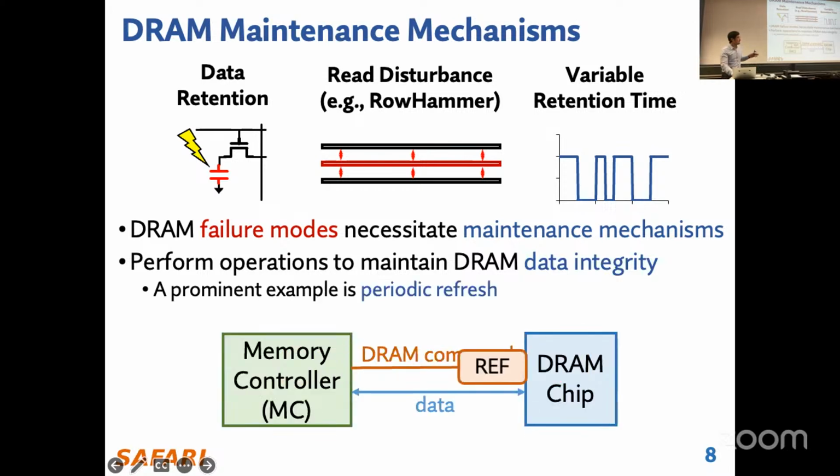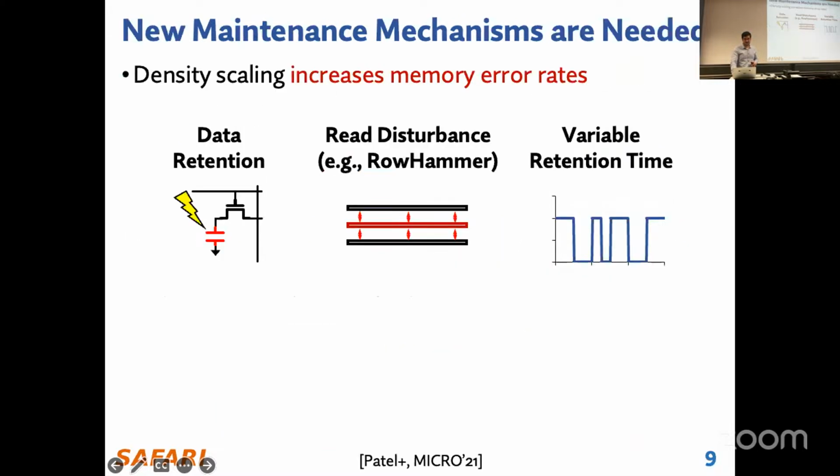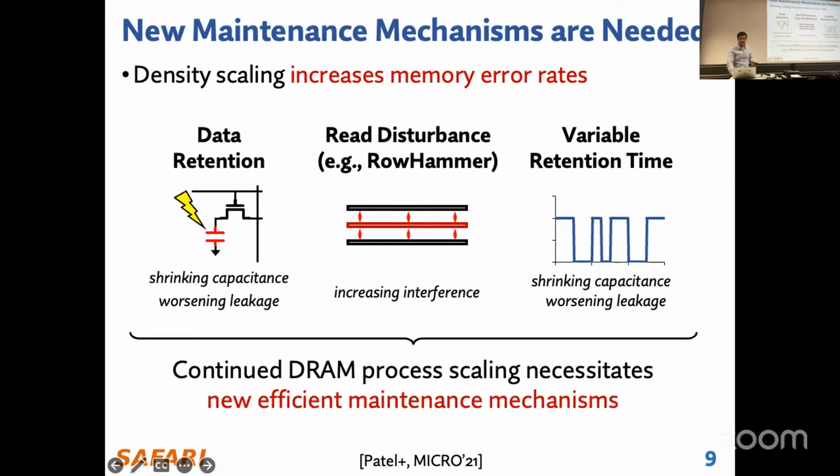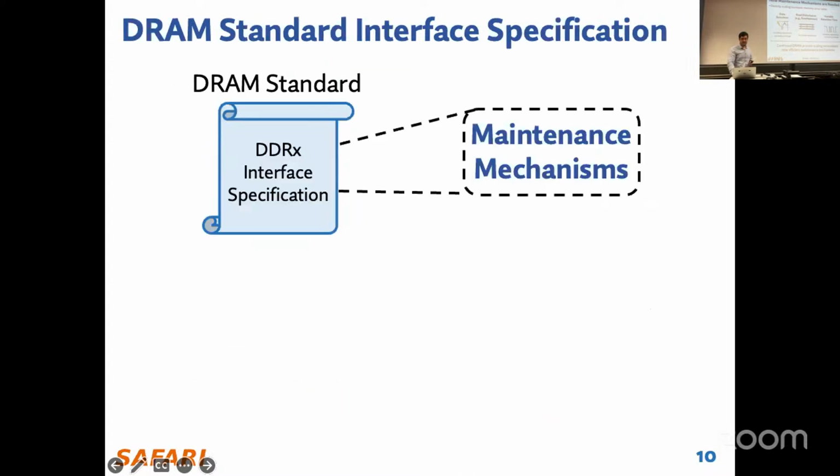One prominent example is periodic refresh, where the memory controller periodically issues refresh commands to prevent data retention failures. And as manufacturers scale storage densities, these error modes cause memory error rates to increase. And the key point I want to make here is that continued process scaling necessitates new efficient maintenance mechanisms.